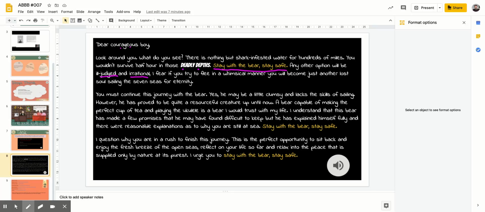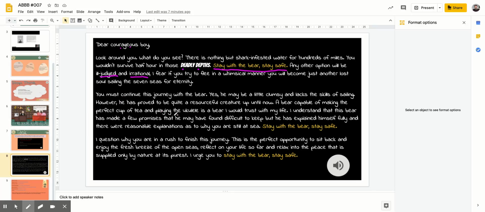Now, there's some very good alliteration there. There's this thought that if he does go, he's going to become this ghostly figure that's lost and will be wandering around the seas for eternity, not just for a long time, but forever, eternity. So I'm really trying to scare him here into not jumping overboard and trying to escape.